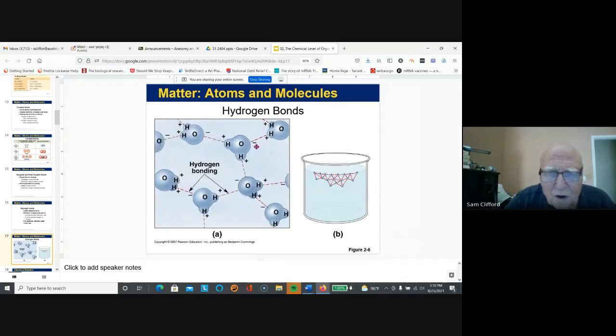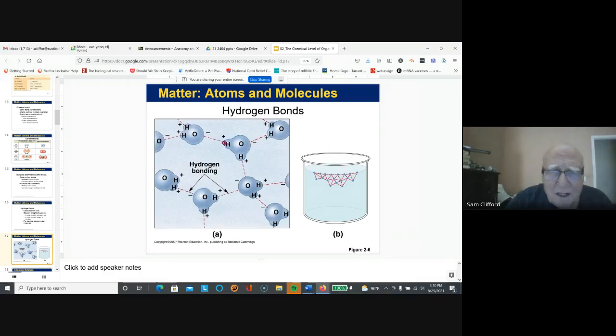So if you look at water, H2O, since the oxygen attracts the electrons, they spend most of their time around oxygen. So in water, oxygen tends to be slightly negative and hydrogen tends to be slightly positive. So these are polar bonds because the electrons are shared unequally.